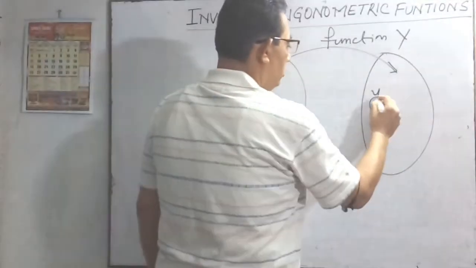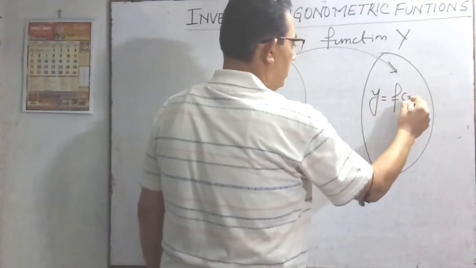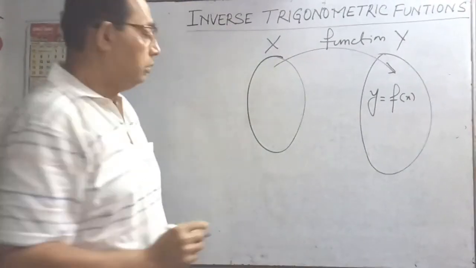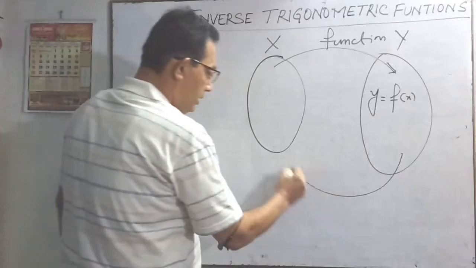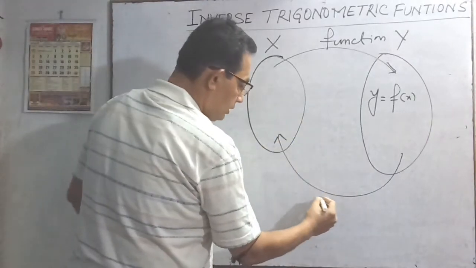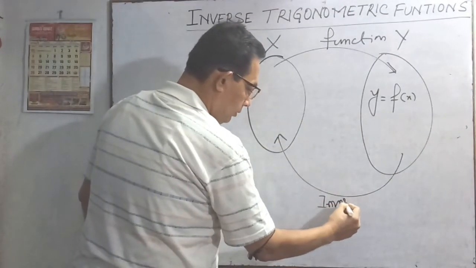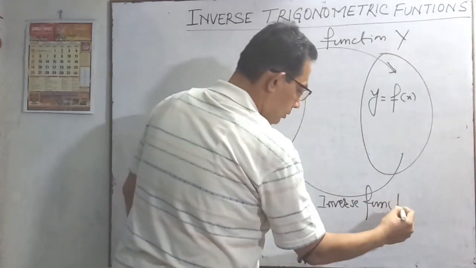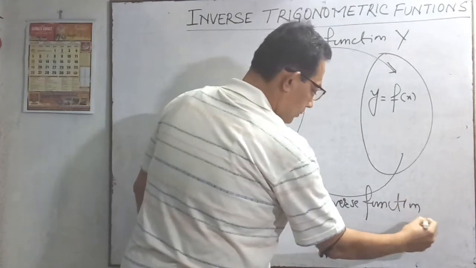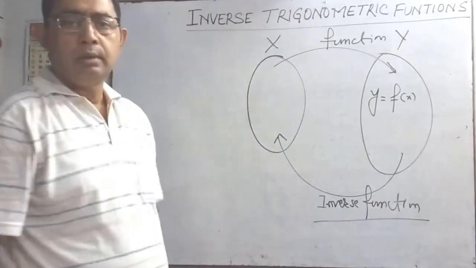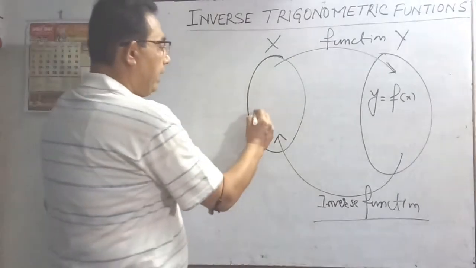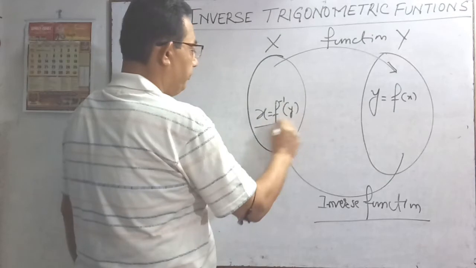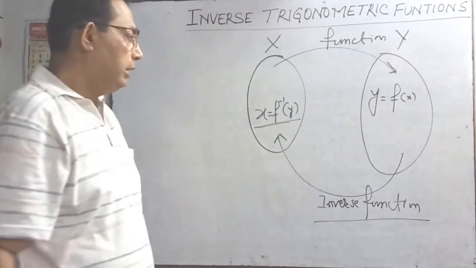So y equal to f(x). It is called function. Understood? Now, this is called inverse function. Clear? x equal to f inverse of y. It is called inverse function.